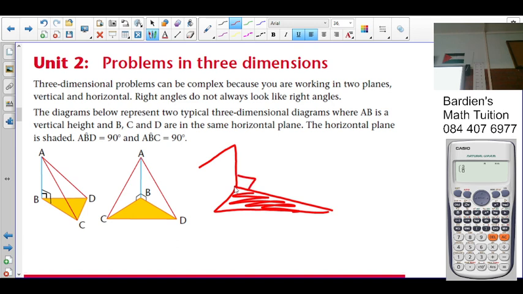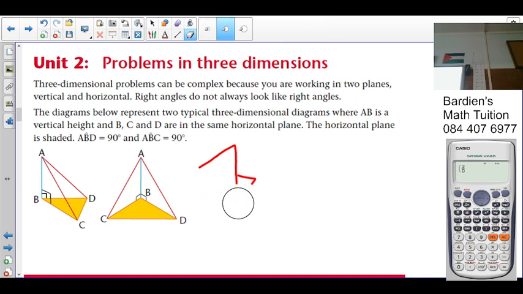We know the wall will stand 90 degrees to the floor. Can you see that? Unless there's something wrong with your architect or your builder, it's not going to stand at other than 90. But walls are strongest at the 90 degree angle. So it's normally 90 there. As they're saying, it doesn't always look right, but it's a right angle.